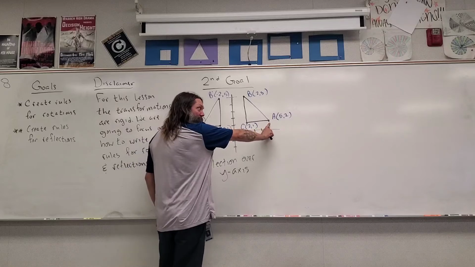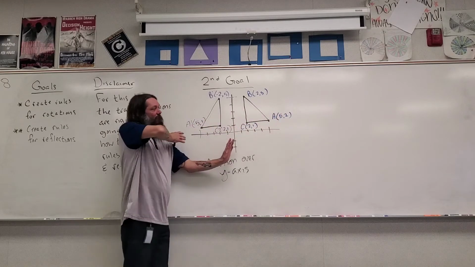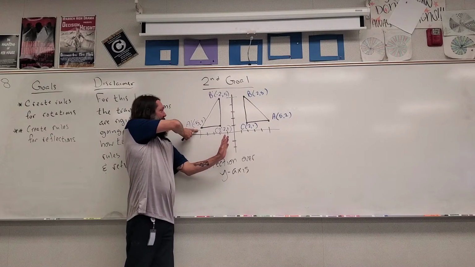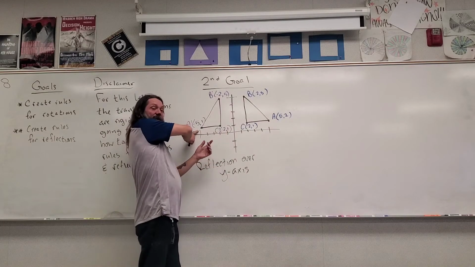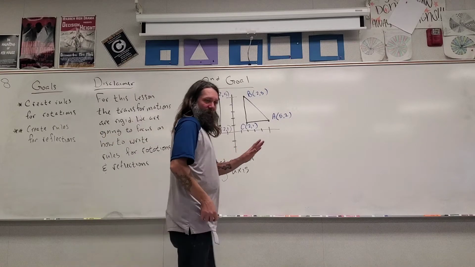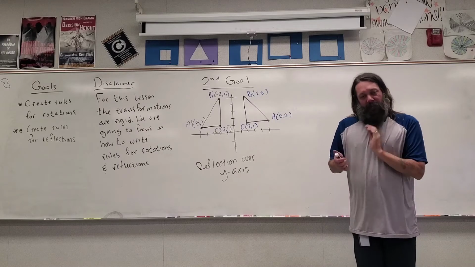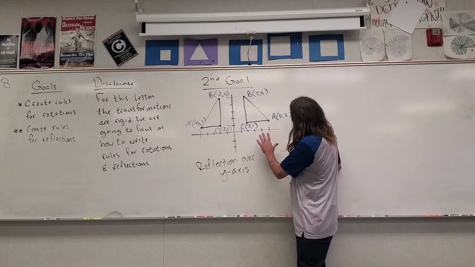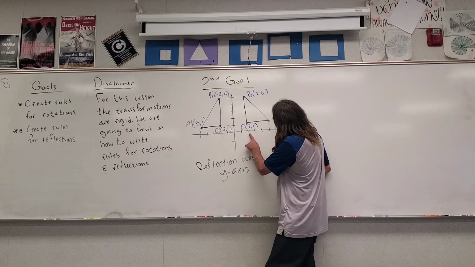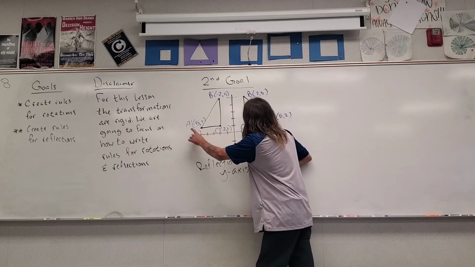On the original, or the pre-image, the point A is furthest from the y-axis, and when I reflect it, its image, A prime, is also the furthest from the mirror. So distance will be respected. Whatever was the closest will stay the closest. Whatever was the farthest will stay the farthest, all right?